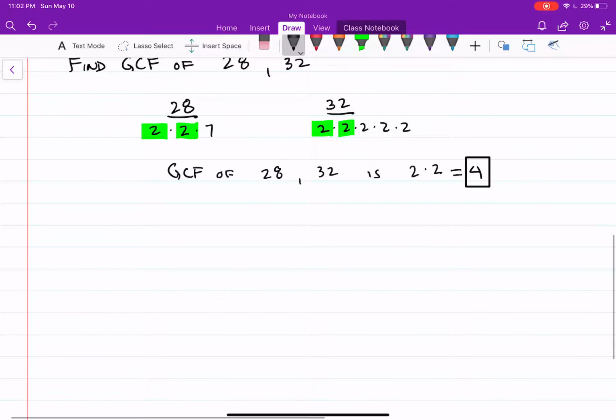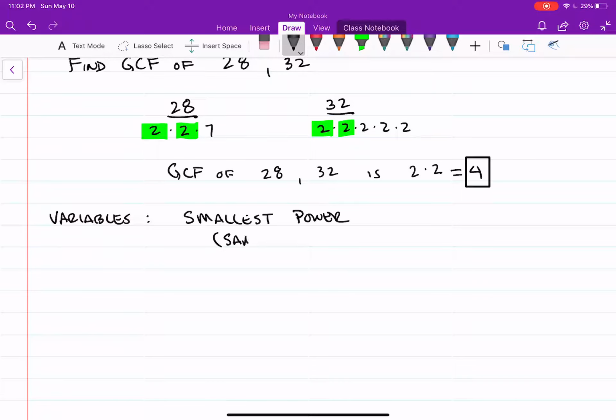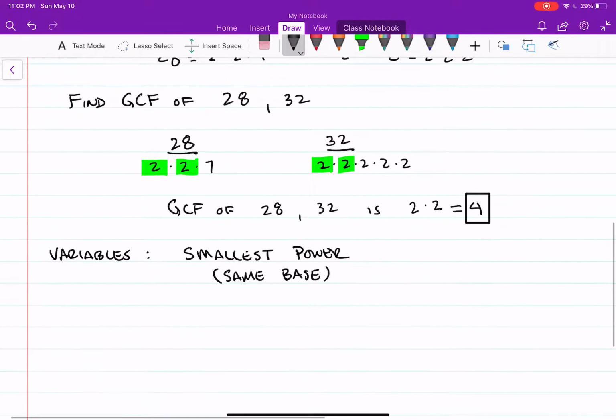With variables, it is going to be the one with the smallest power, okay? But don't forget, it has to be the same base, all right? Okay, so another way of finding GCF is this.